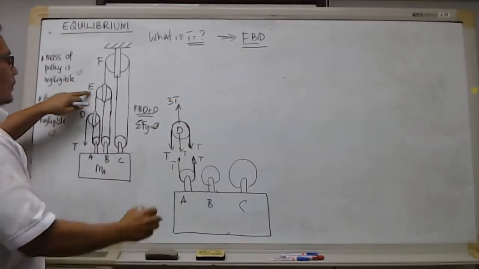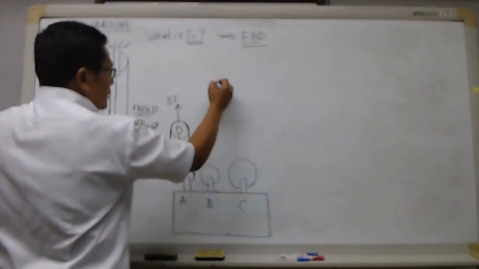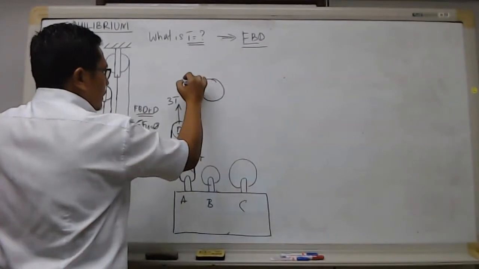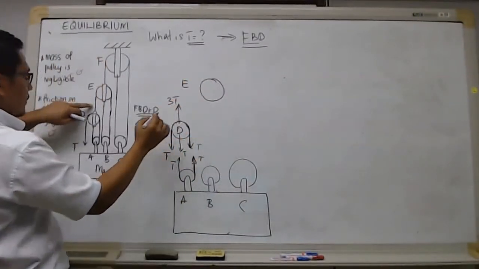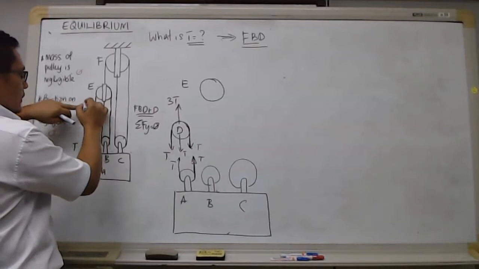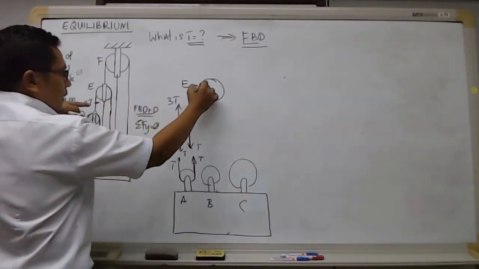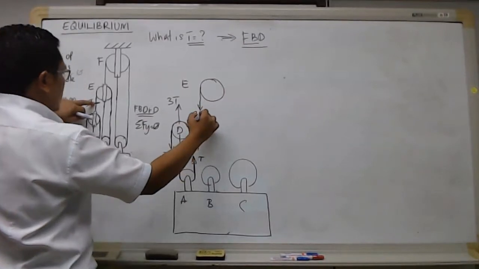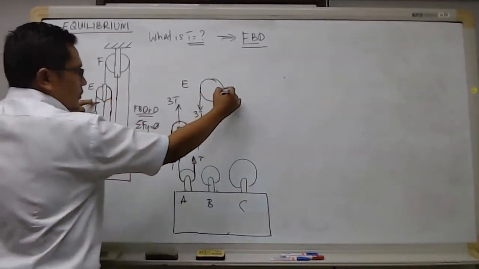And then you go to pulley E. So this is 3T now, so the cable on the pulley here is 3T, and wrapped along here also 3T.